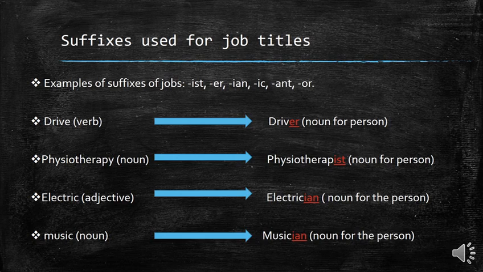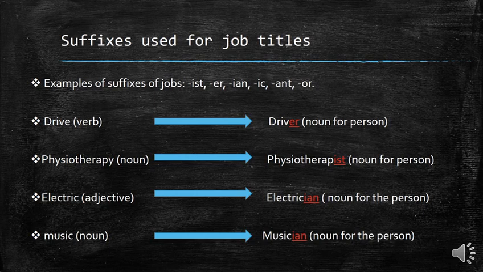Another word is physiotherapy. Physiotherapy is a noun. It talks about all the things of healing people, like using massage or using exercises. While if we put ist, it makes it the person who does it. So physiotherapist is the person who does physiotherapy. The same with electric. Electric is an adjective.